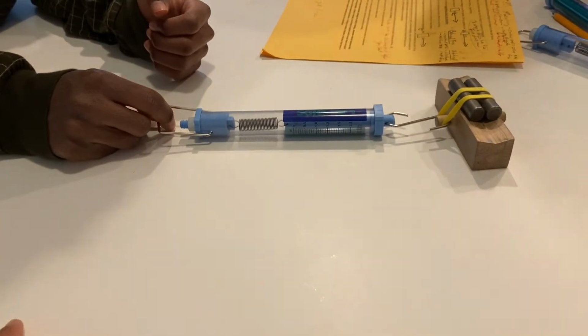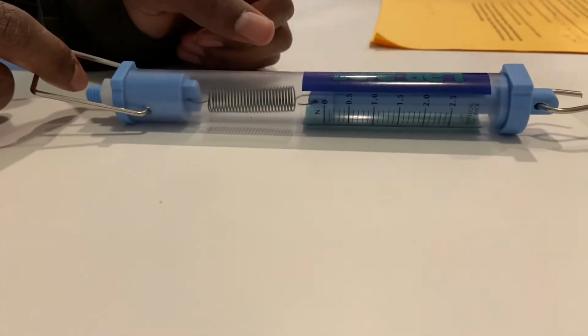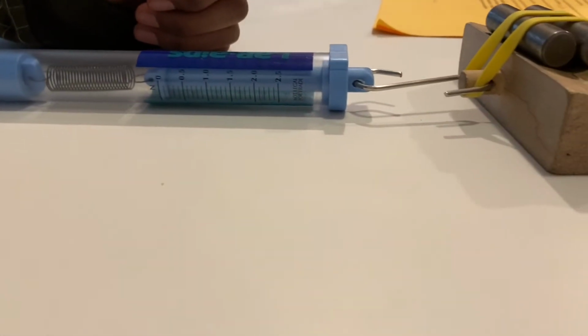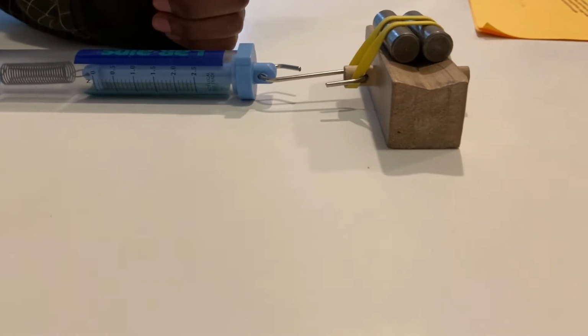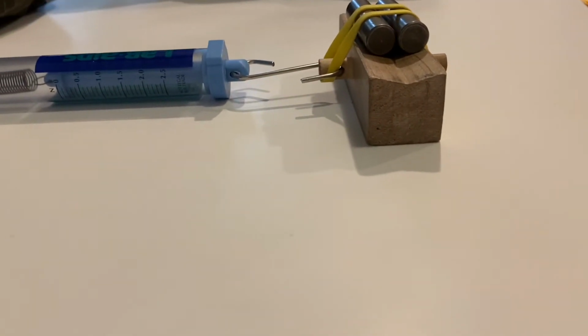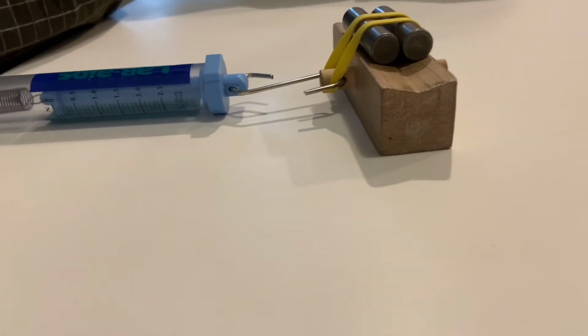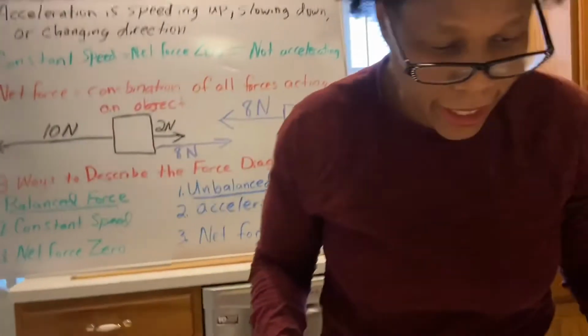Do you guys see the force there? Are you able to see the force? It's 0, isn't it? Keep going. Try to be steady. See that? What is it? It's 0, isn't it? Okay, now let's see.